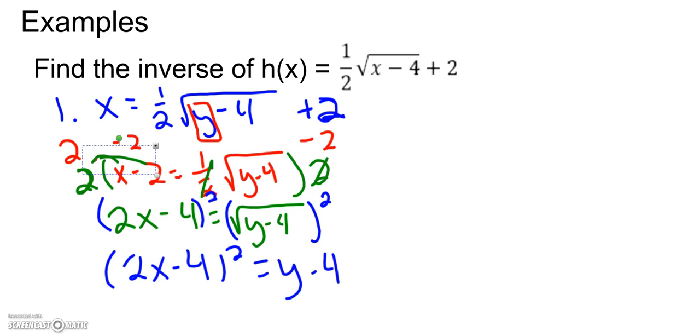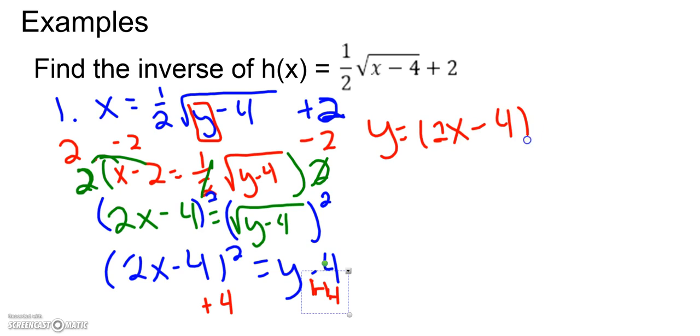Now my very last step, after all this craziness, is to just add 4 to both sides. So I'm going to write it over here on the right. So you get y equals 2x minus 4 quantity squared plus 4.